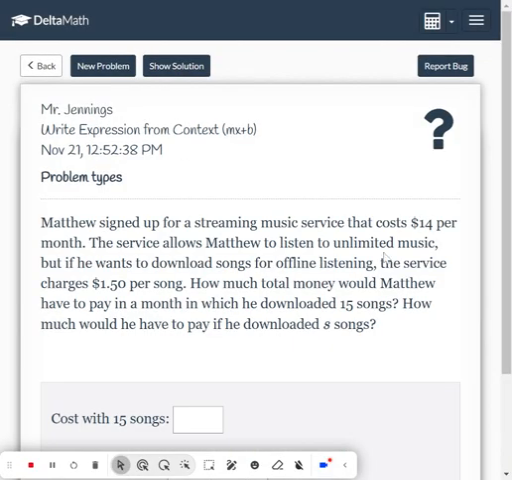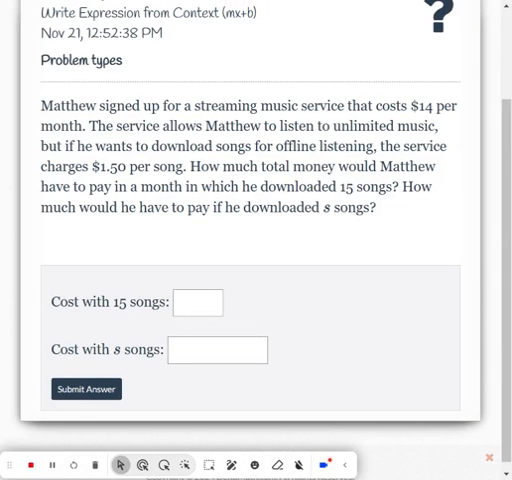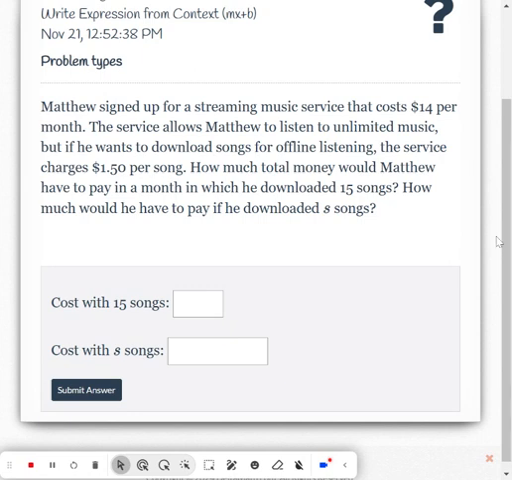Last one is write an equation from context. So this one we have to actually take a look at some situations and create an equation. This is very similar to what we were doing earlier in the week when we had those packages. Matthew signed up for a streaming music service that costs $14 per month. Here, $14 is a flat fee per month.